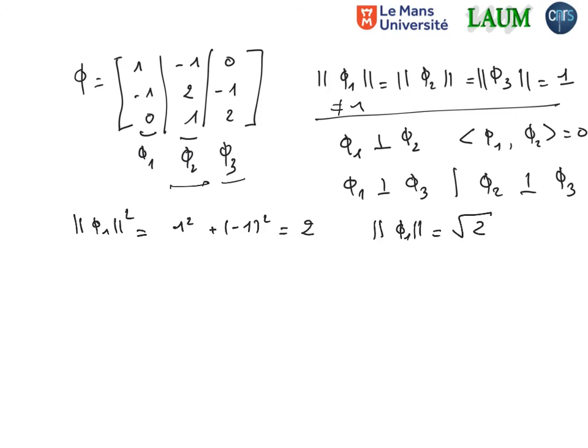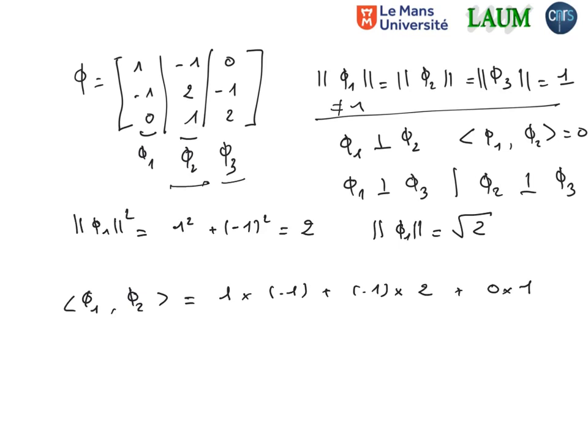And I can give you another reason: if we compute the inner product of phi1 and phi2, then this is equal to 1 multiplied by minus 1, plus minus 1 multiplied by 2, plus 0 multiplied by 1.